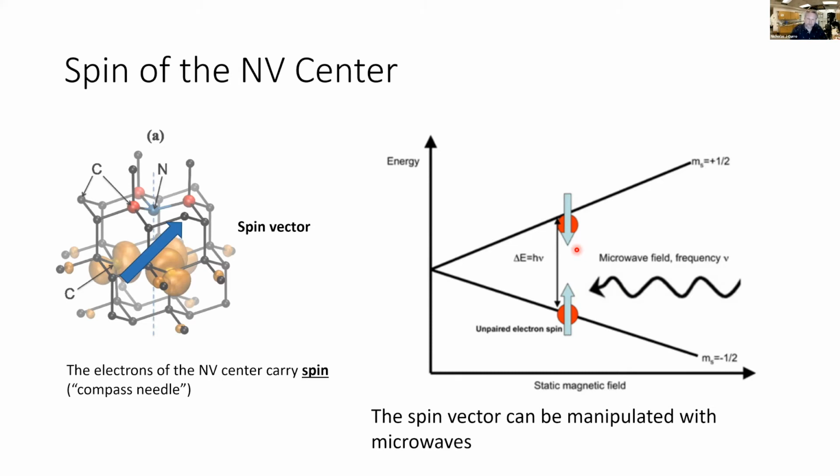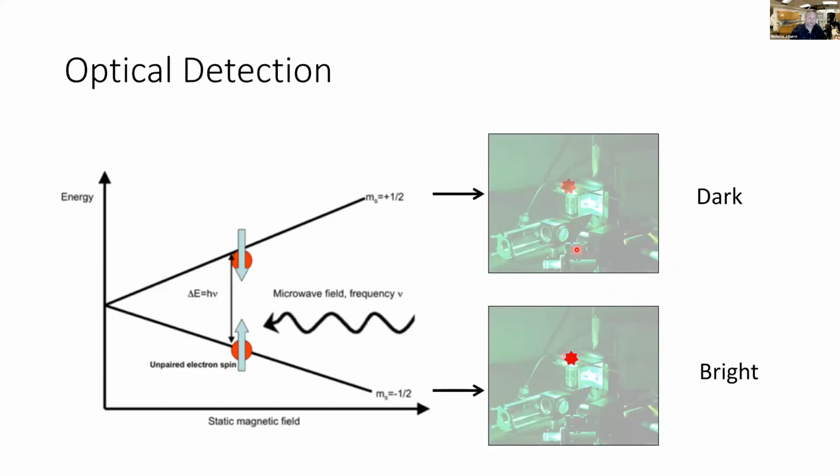But what's really cool is that this affects how bright it will fluoresce. If the electron spin is pointing upwards, like here, then when we shine light on it, it's going to be very bright. If we reverse the spin direction and point it down and we shine light on it, it's not going to be as bright.